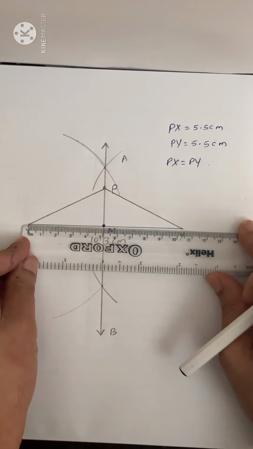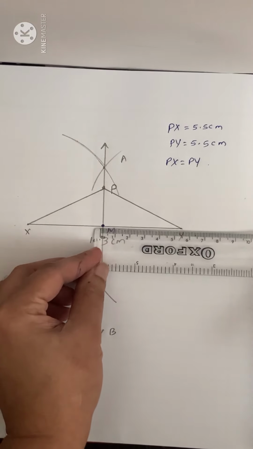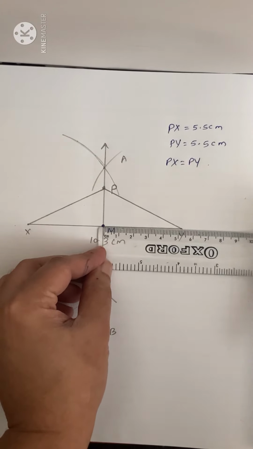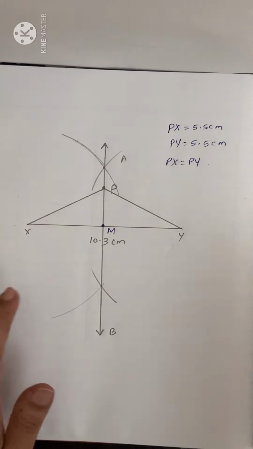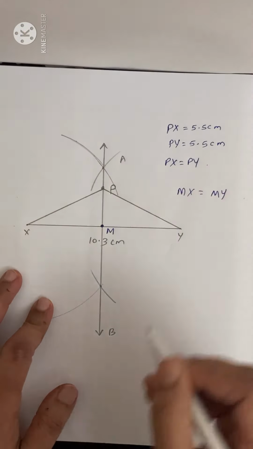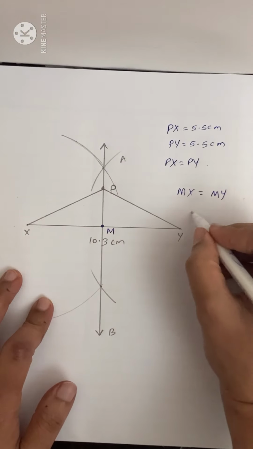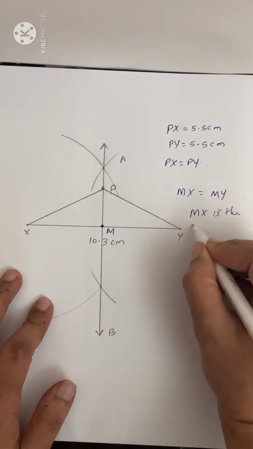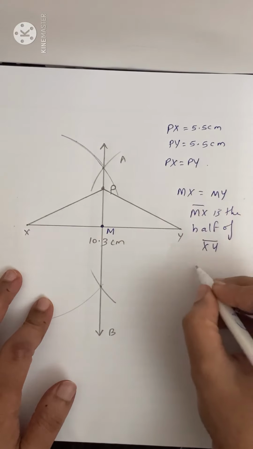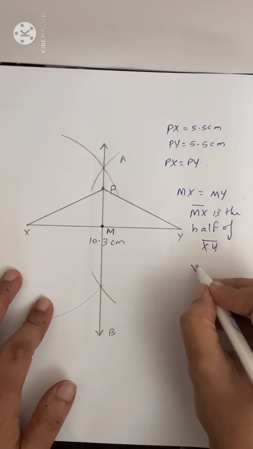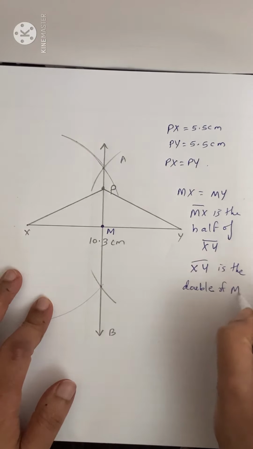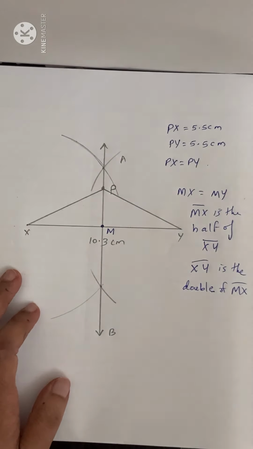So almost 5.1, this is also 5.1 and a little bit. Therefore, MX equals MY. So what we can say, MX is half of line segment XY, or XY is double of MX. That's it.